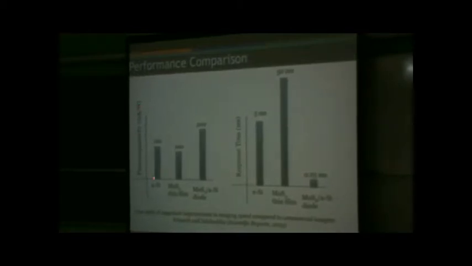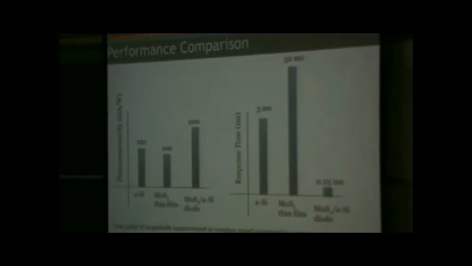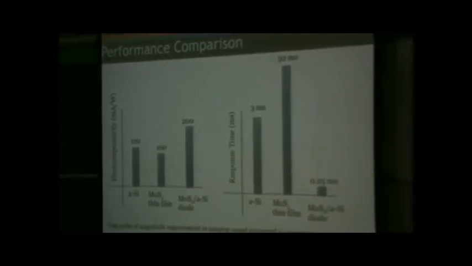If I look at the photosensitivity, our heterostructure diode gives us a little bit larger sensitivity than what commercial amorphous silicon photodetectors give and what MoS2 thin film junction gives. But if you look at the response time, we are almost 2 orders of magnitude faster. Okay? So this ends my second example.